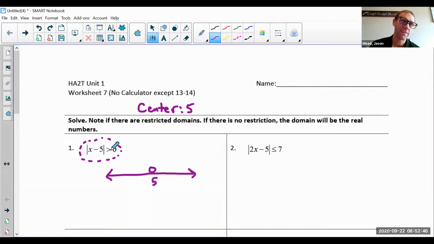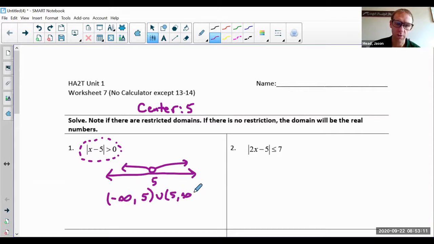Then what's my distance? My distance away is 0, so I don't have to go anywhere to make these distinctions. Where is my distance greater than 0? Everywhere, except at 5. So my interval notation here would be negative infinity to 5, union 5 to infinity.